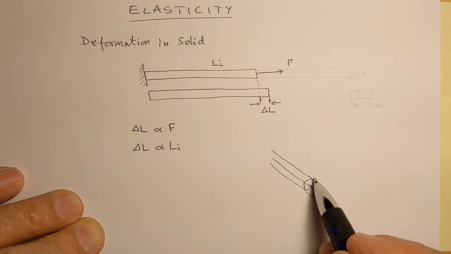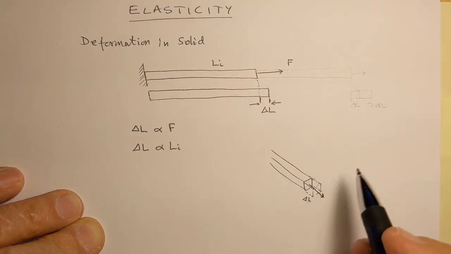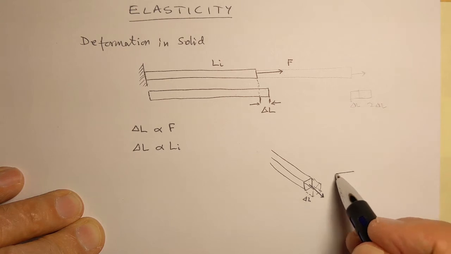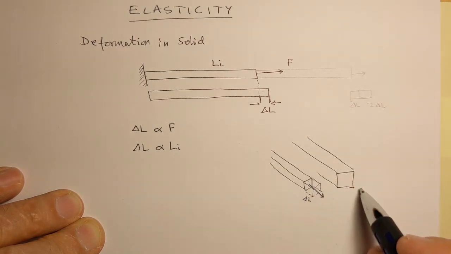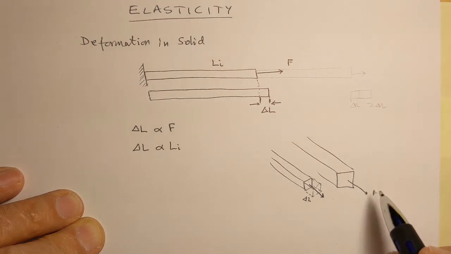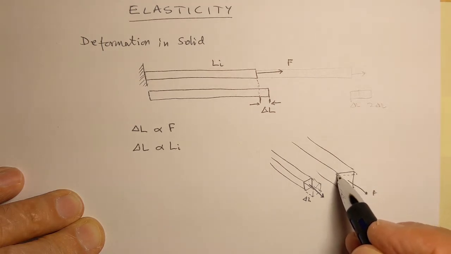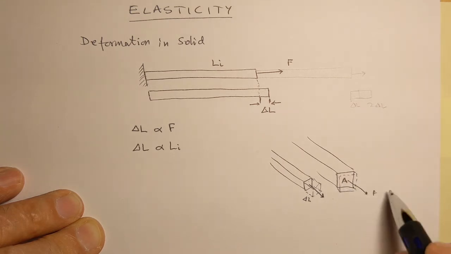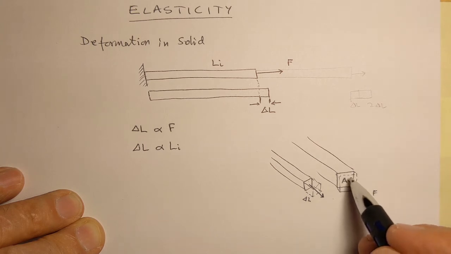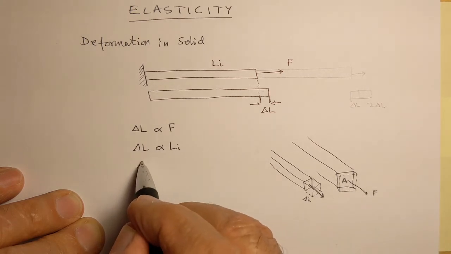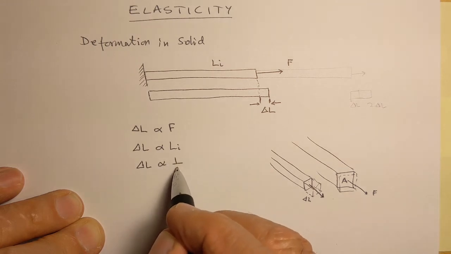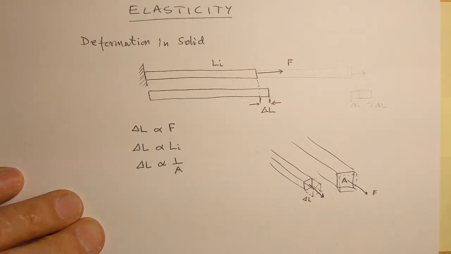This is the delta L. But if it were a thick rod and we applied the same force, then it would probably stretch just a very little tiny bit. So depending on this area, the stretch would be smaller or larger. A smaller area would mean a bigger stretch. Therefore delta L is inversely proportional to the area.